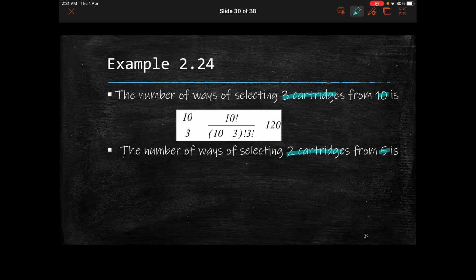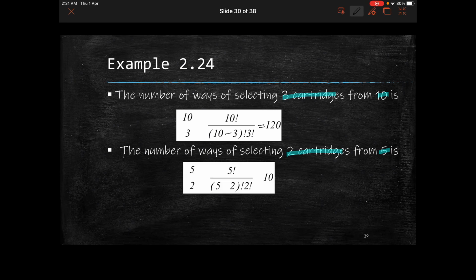Kita gunakan combination 10C3. 10C3 dapat 10 factorial over 10 minus 3 factorial times 3 factorial. Kita akan dapat 120. Okay, next one 5C2. So maksudnya n adalah 5, r adalah 2.